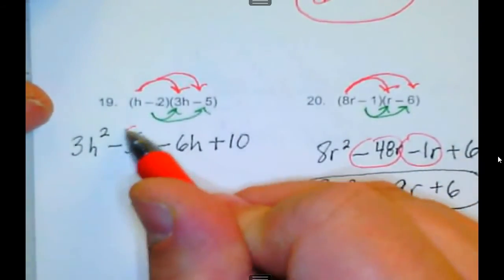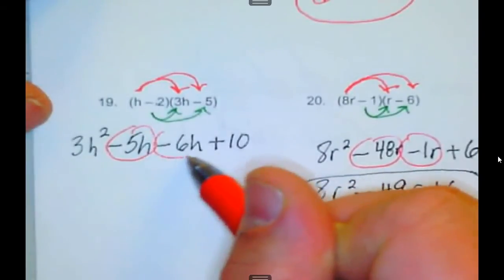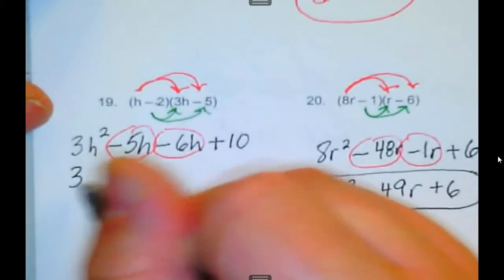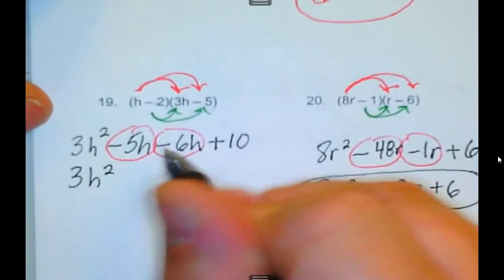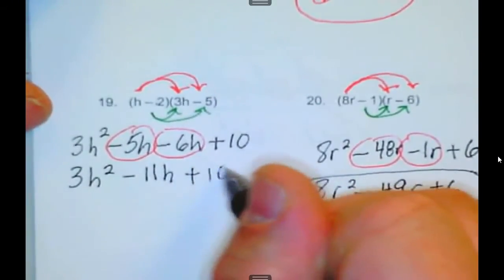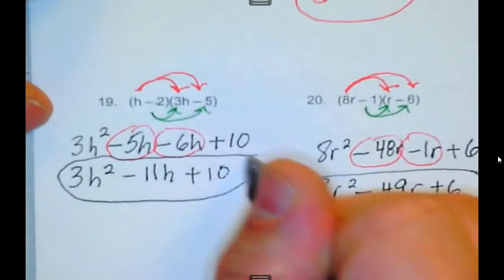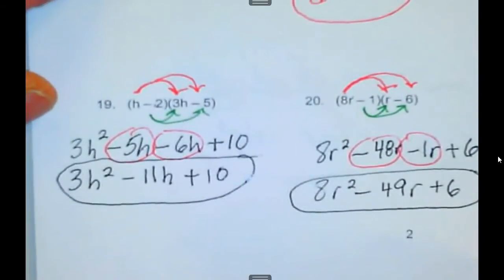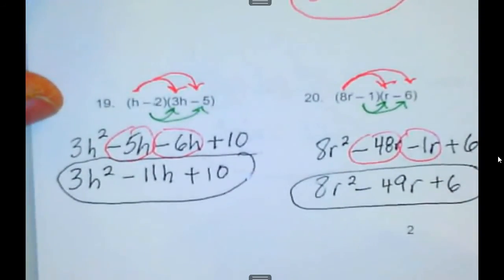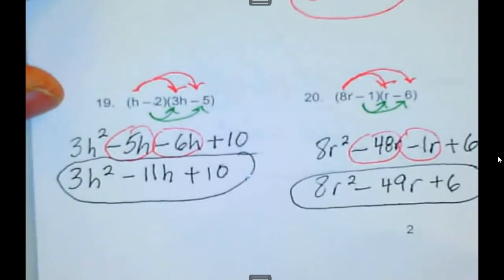Combine your like terms. So I have 3H squared minus 11H plus 10. Any others? Are we good?